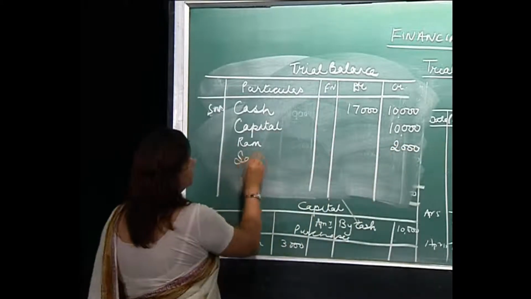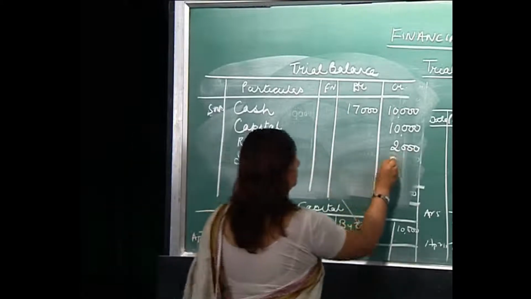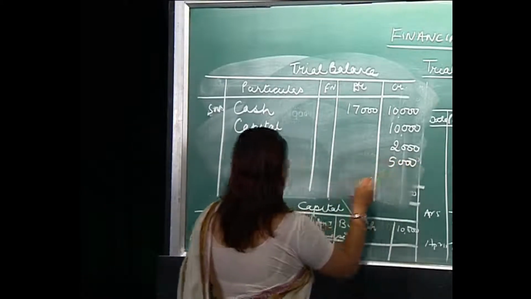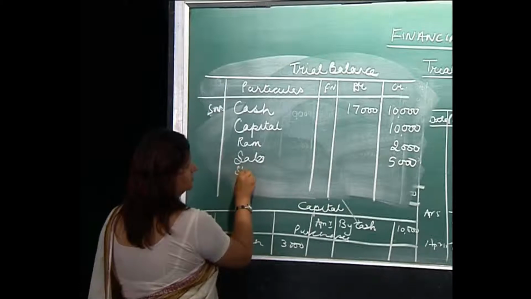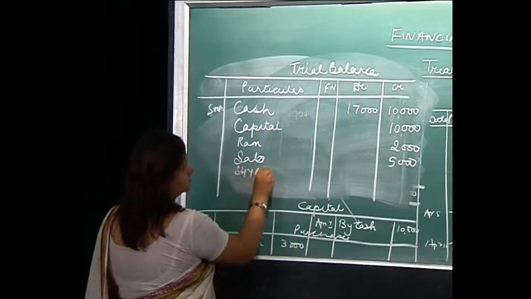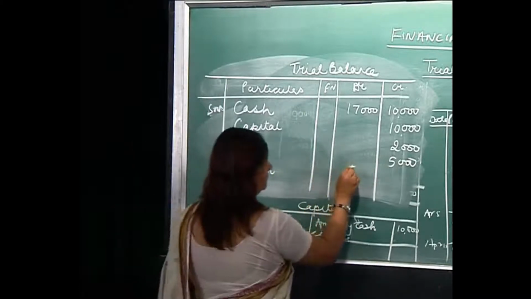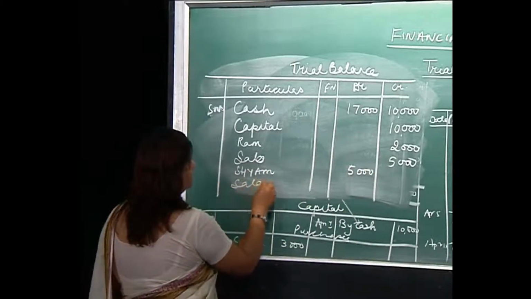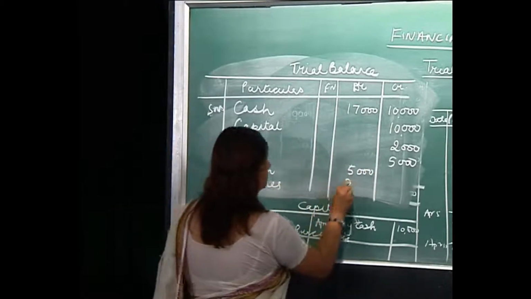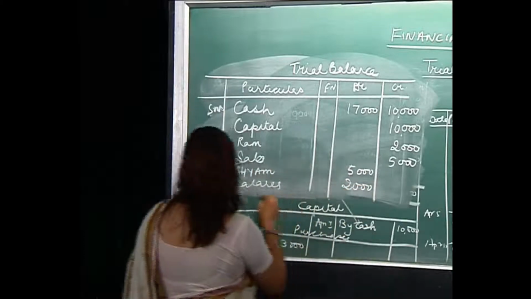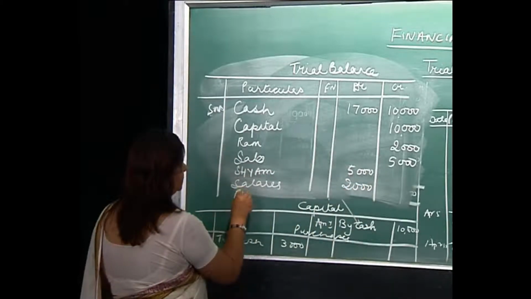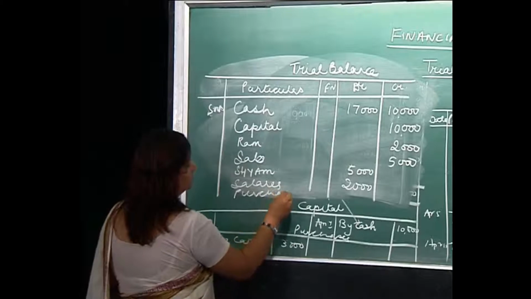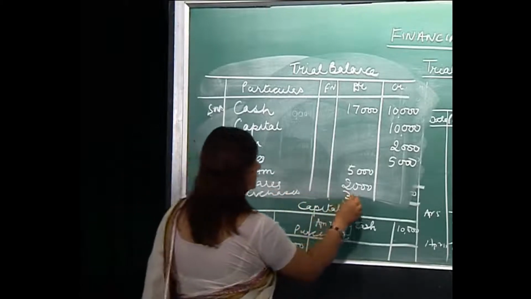Sales account 5,000 on credit side. Then Shyam's account 5,000 debit. Salaries 2,000, and last one is purchases, it's 3,000.